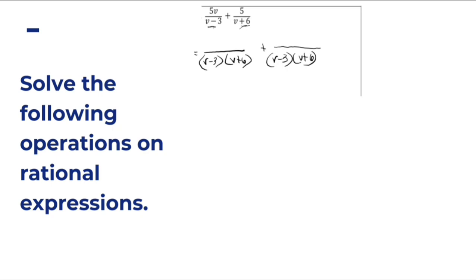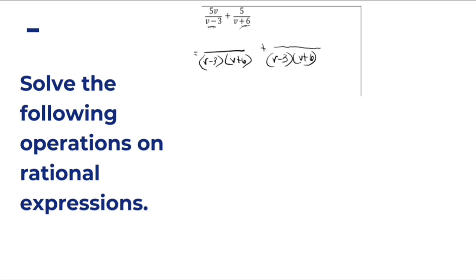And for the numerator, simply divide your LCD by your original denominator, then multiply your answer to your numerator. To divide, you can simply cancel the similar denominators from your LCD and your denominator.